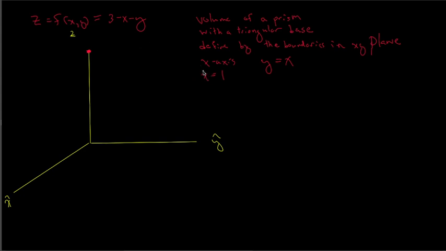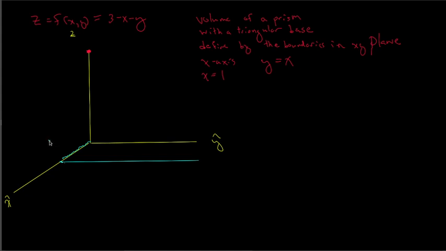But let's look at the boundary in the plane first. I want to have the x-axis itself as a boundary, and I'm going to have x equals 1 as a boundary, so I'll just continue that boundary out.